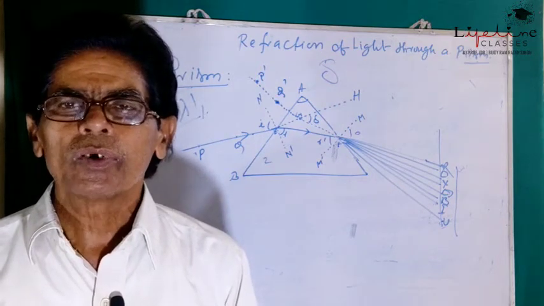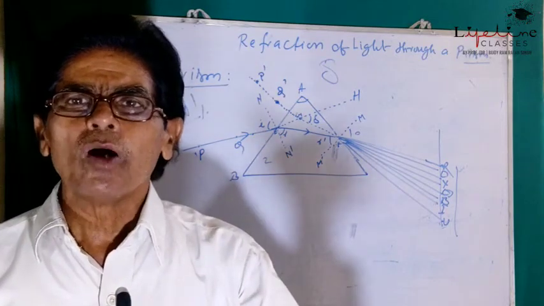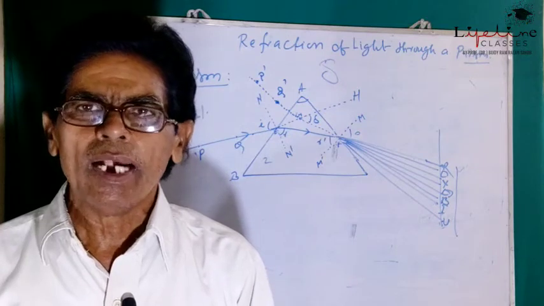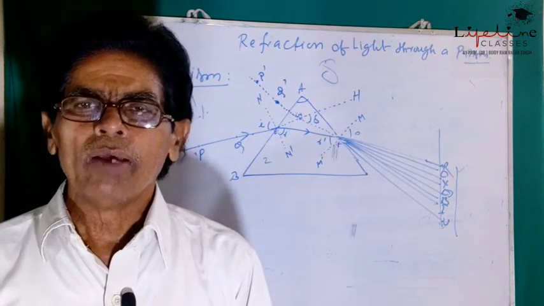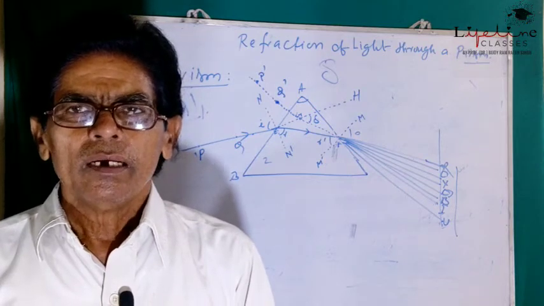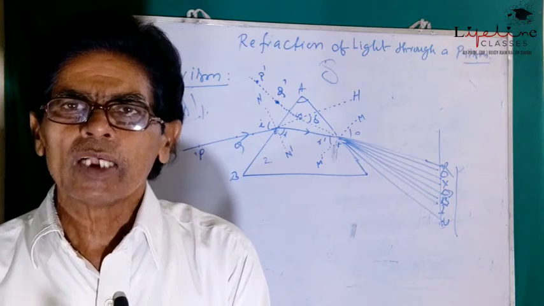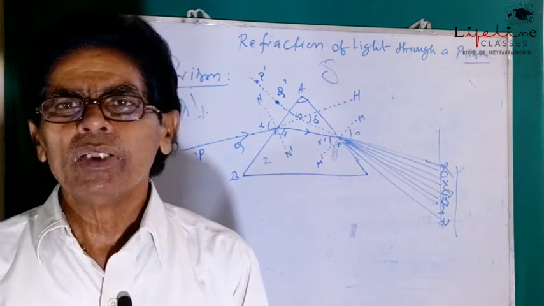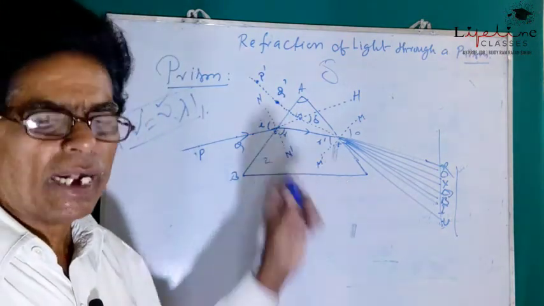So there is a wide range between red and violet. That is why a large number of waves get arranged within a short interval of space, and they appear overlapping with each other. This is all about dispersion of light.